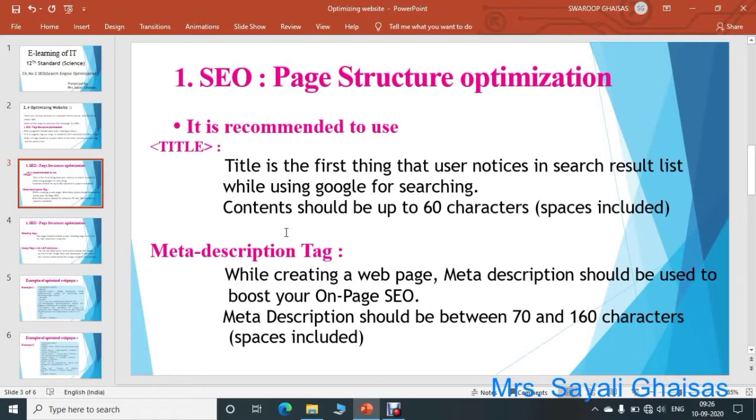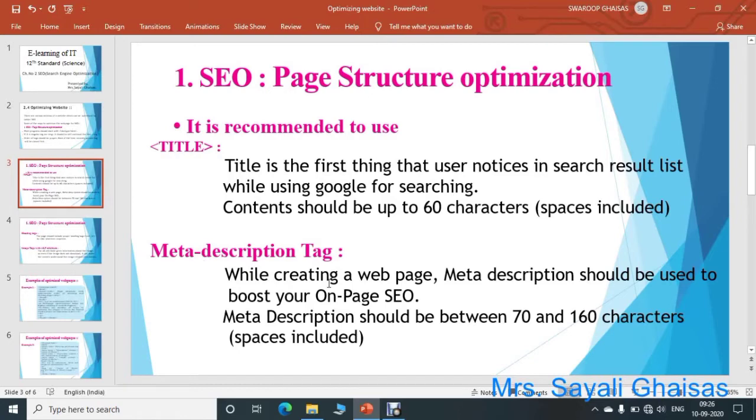While specifying a title for your web page, the content should be up to 60 characters, and within these 60 characters spaces are also included. So our title should not exceed 60 characters.